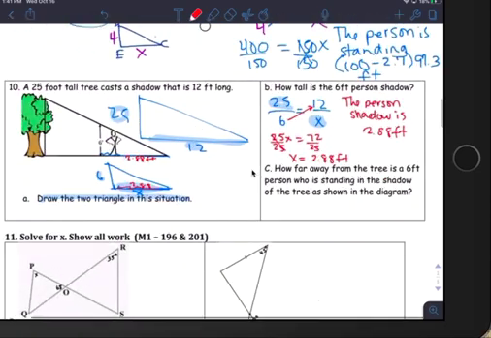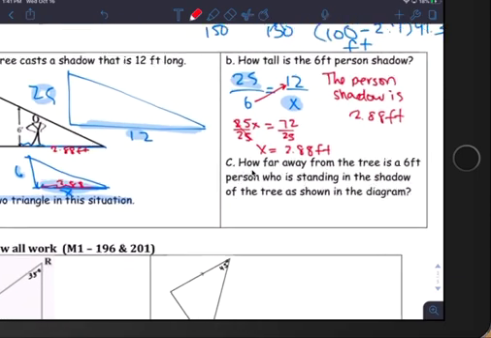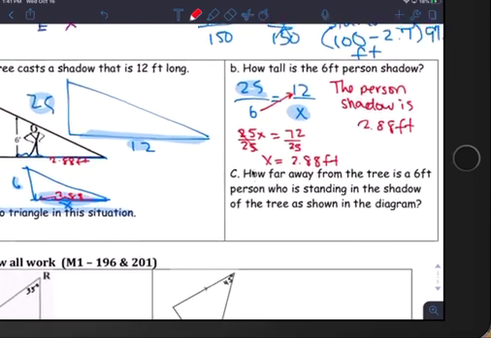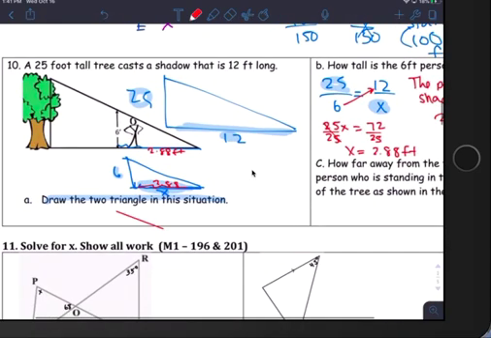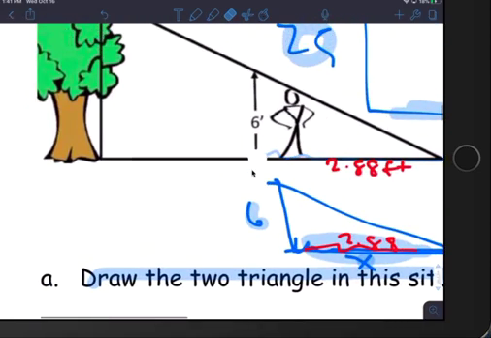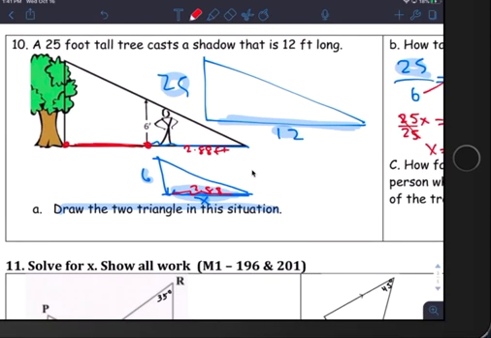C. How far away from the tree is a 6-foot person who's standing in the shadow of the tree as shown in the diagram? So how far from the tree is the person? How far is this? From here to here, that distance. Well, let's see, the whole entire thing is 12.